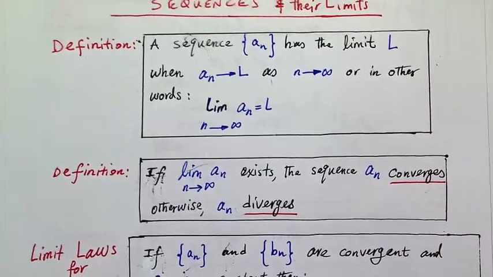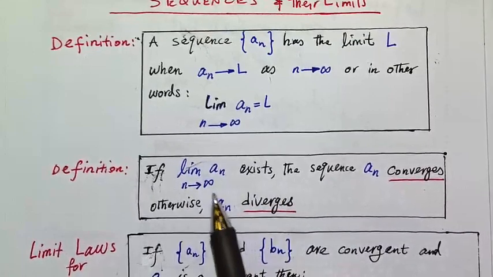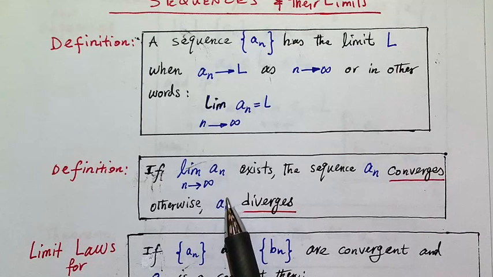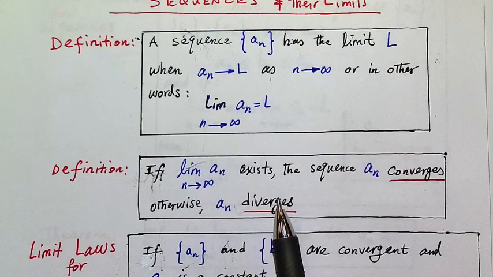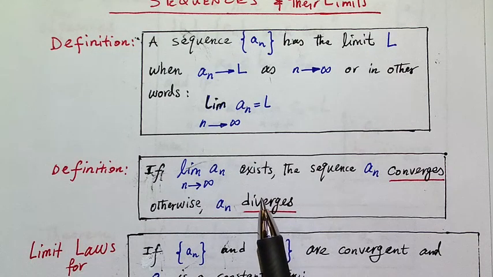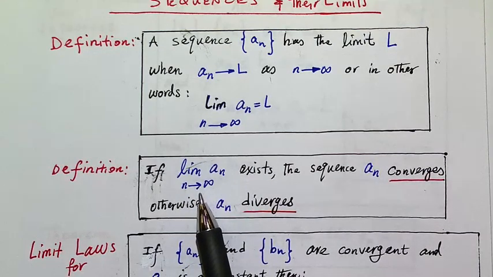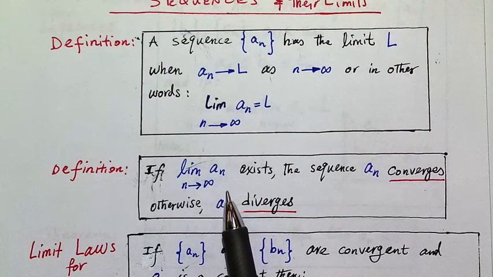Right now, this might seem a pretty straightforward definition, but please be careful when we get to series in section 8.2, which is coming up next, in the next video. Because in the series, if the sequence does have a limit, it doesn't necessarily mean that the series converges.